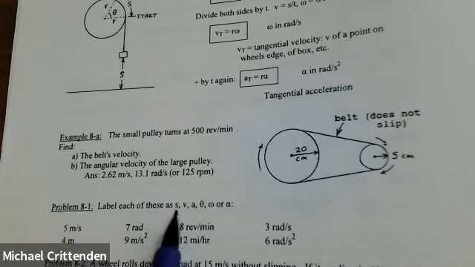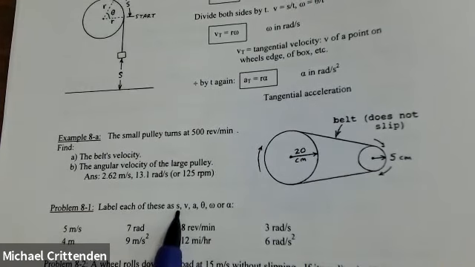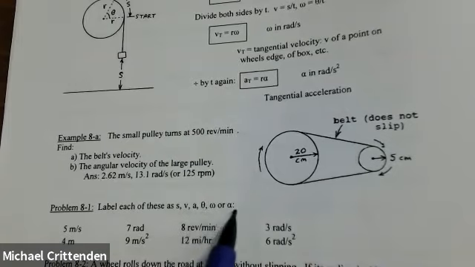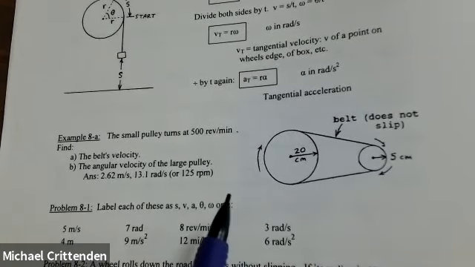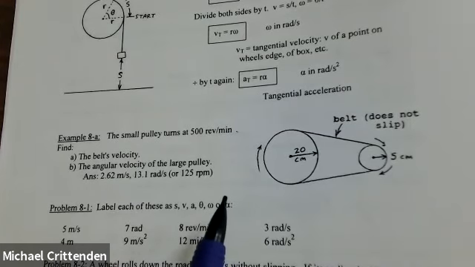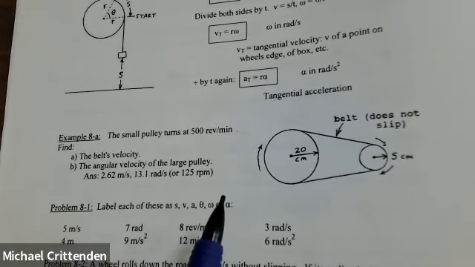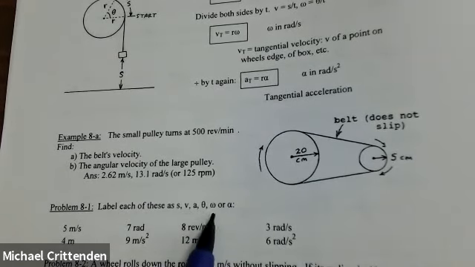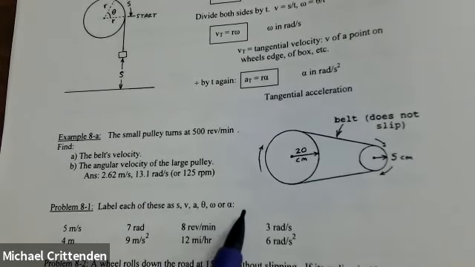But some kind of a distance unit is in there if it's S, V, or A. If it's a Greek letter thing, then there'd be an angle unit instead, like revolutions or radians. That's why it's called angular velocity and angular acceleration.